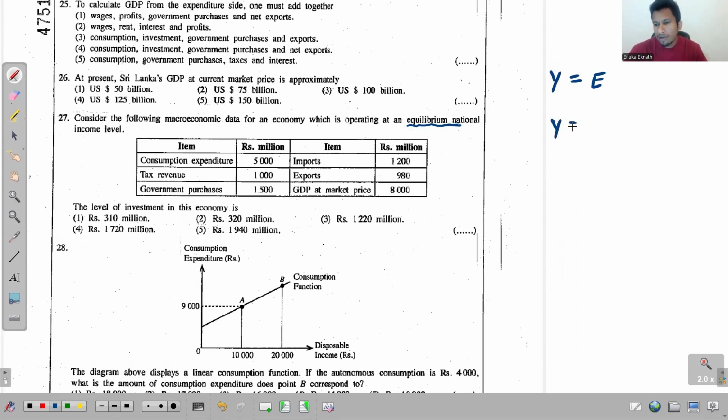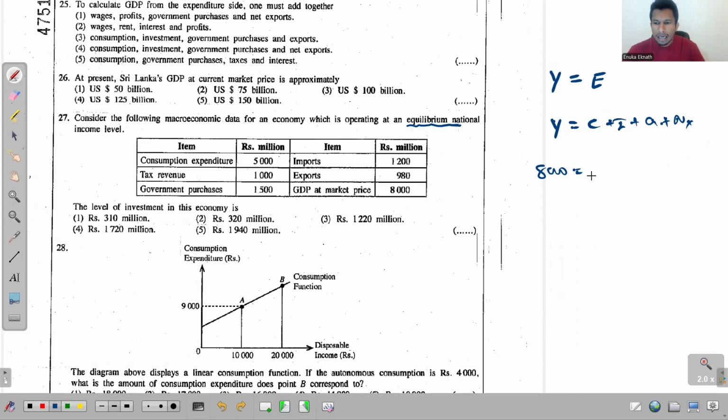So we can develop this equation as the aggregate expenditure consists of these components C plus I plus G plus NX. So the value of Y, if not the GDP at market price, is given to us as 8,000. So you make it equal to the total of these four components.